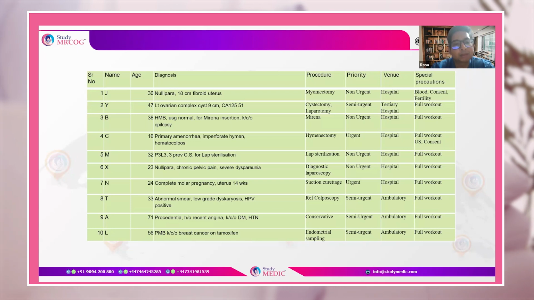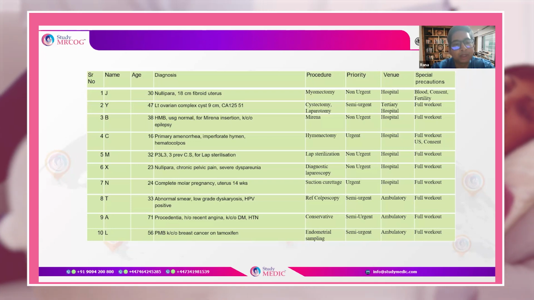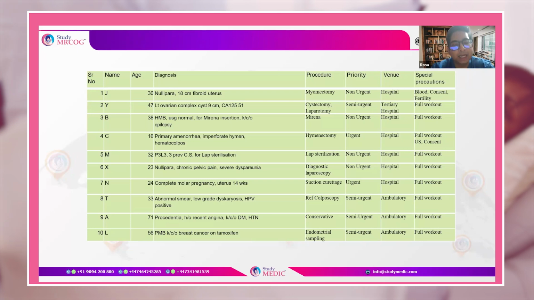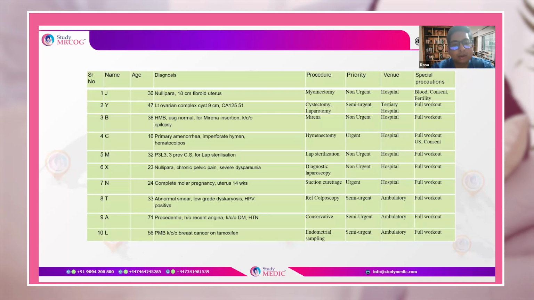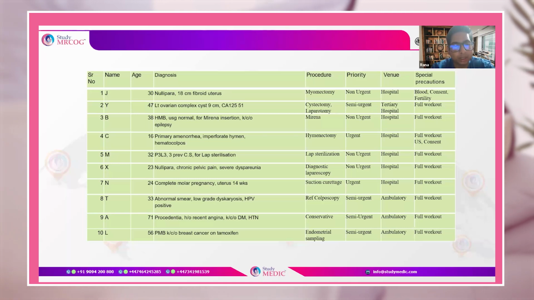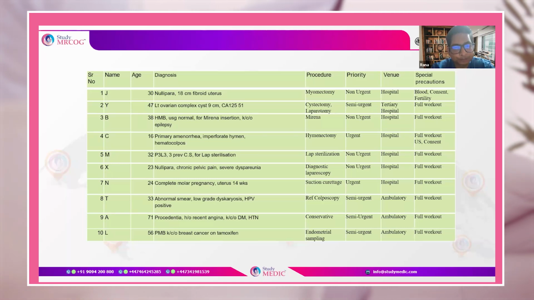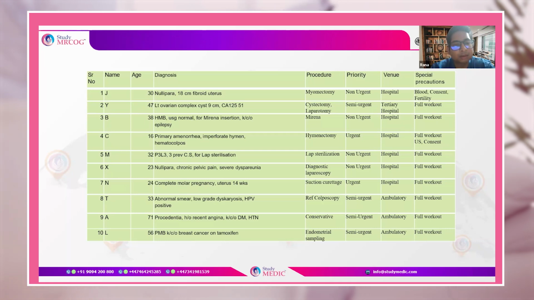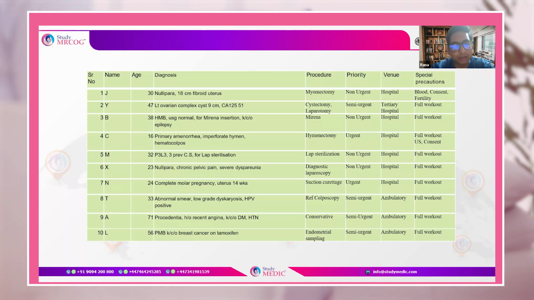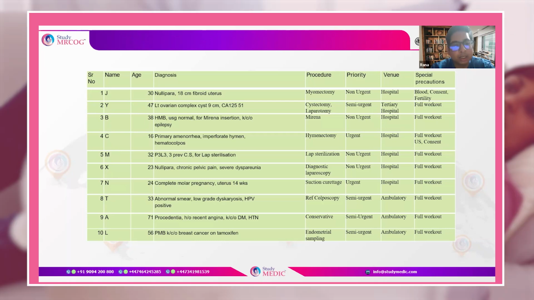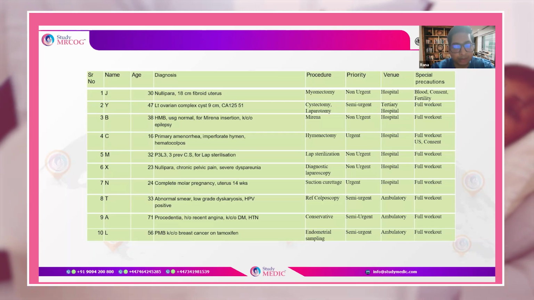The next patient is a 71-year-old with procidentia, with a history of angina and a known case of diabetes mellitus or hypertension. So she has a lot of comorbidities and she is 71 years. This case is also procidentia, which is not urgent unless there are any complicating effects present.